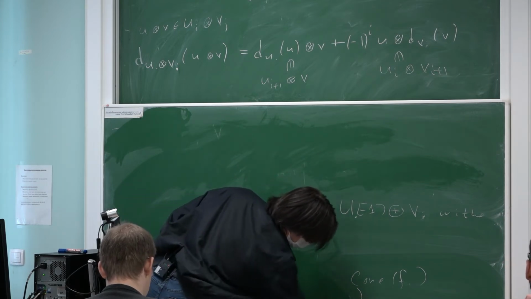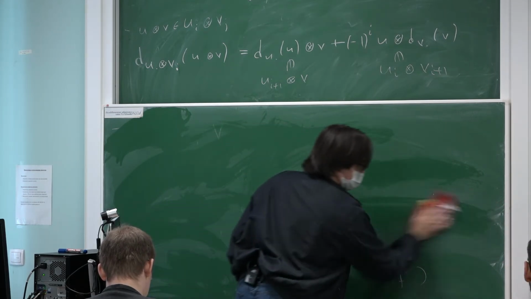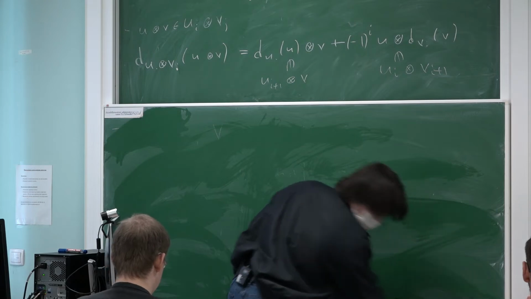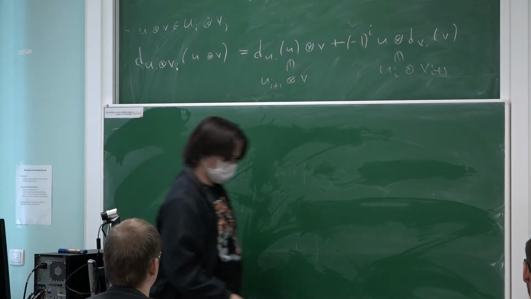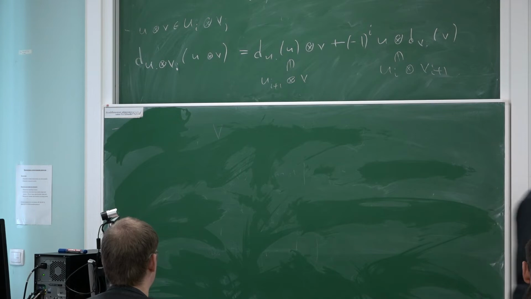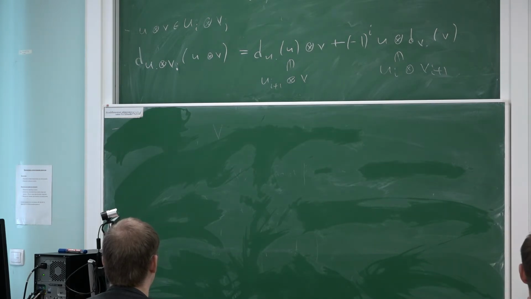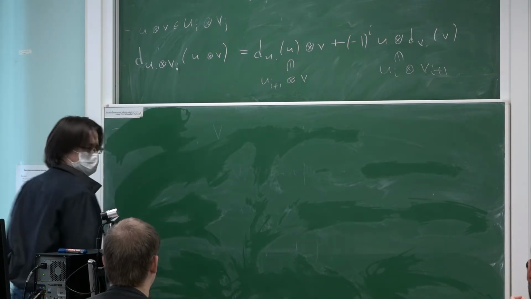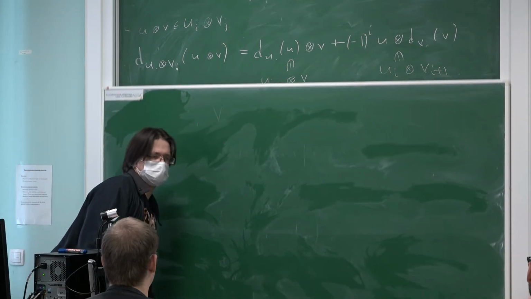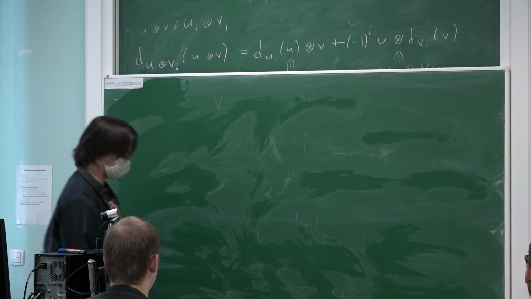A double complex is, in terms of modules, a bigraded module with 2 commuting differentials of degree -1.